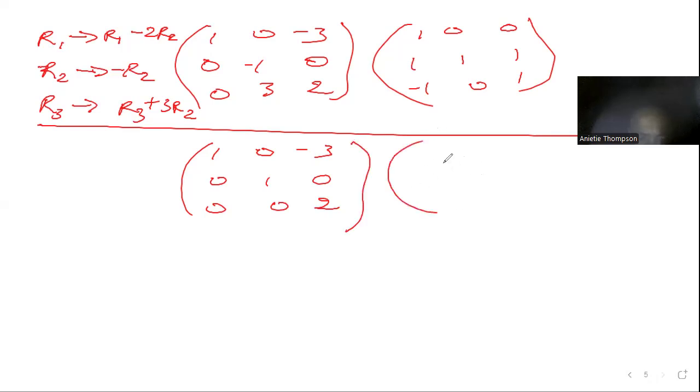Then to the identity side, you will have minus 1, minus 2, minus 2. You will have minus 1, minus 1, minus 1. You will have 2, 3, and 4. Okay. So, what is wrong with that thing?